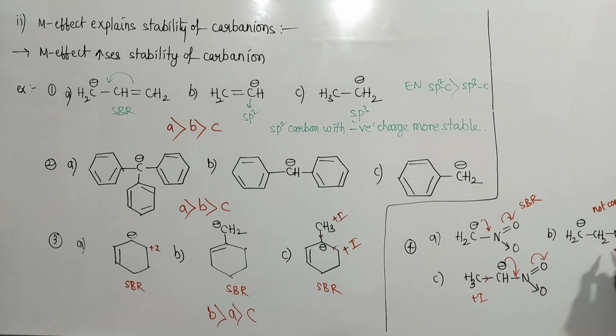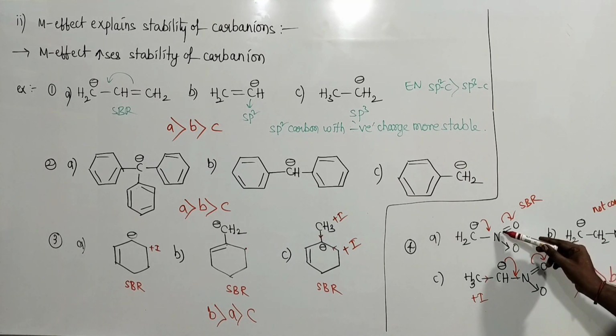Conjugation is possible here, conjugation not possible here. Which one is more stable? A is more stable than this one. Stabilized by resonance with plus I. Here only minus I. Here resonance is there, here resonance is not present. So A is more stable, C more stable than B.